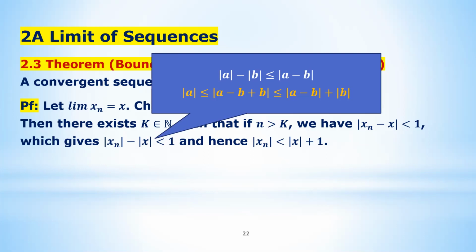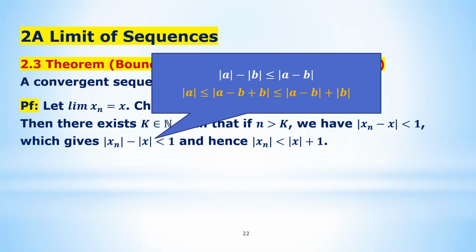Certainly they're bounded because they are only a finite number of terms. So I can increase the number, the absolute value of x plus 1, to control the first few finite terms, so that the whole sequence will be bounded.